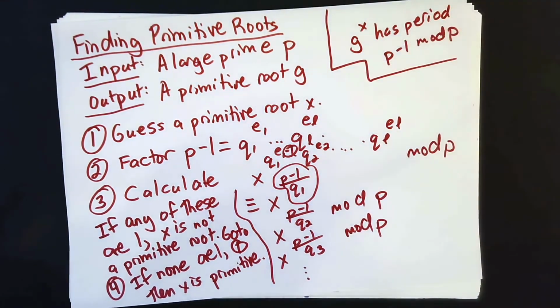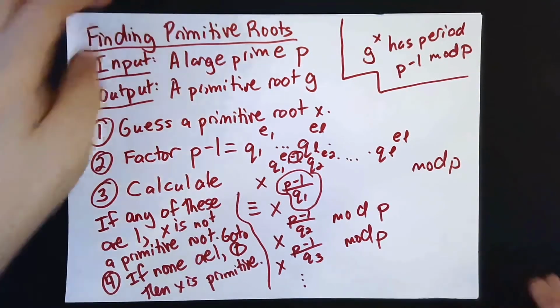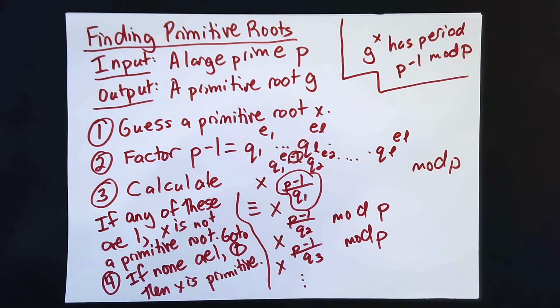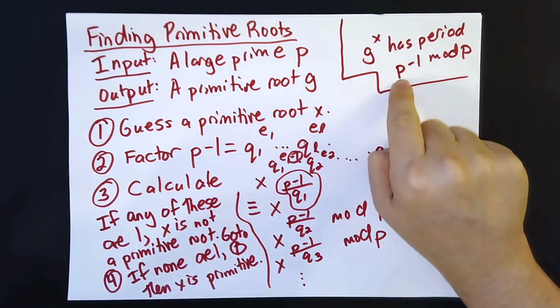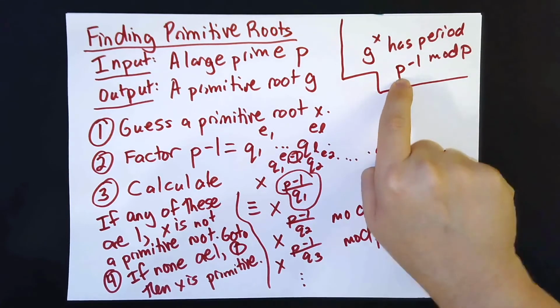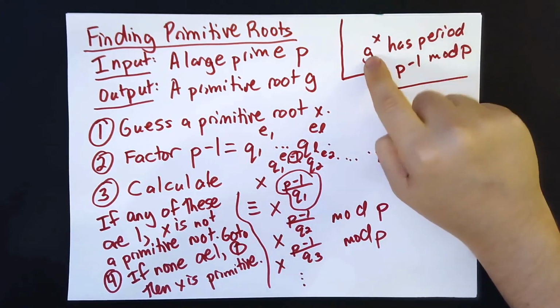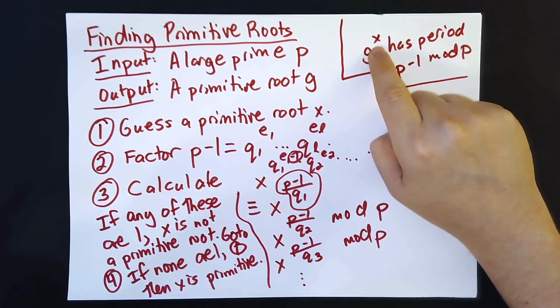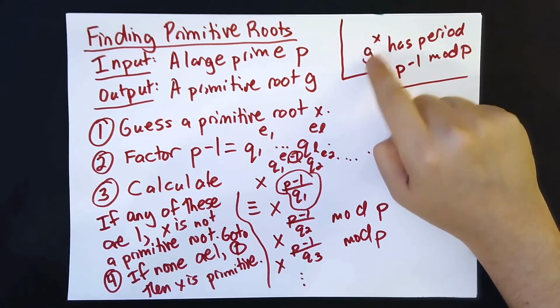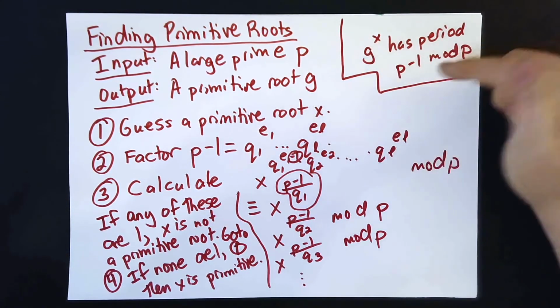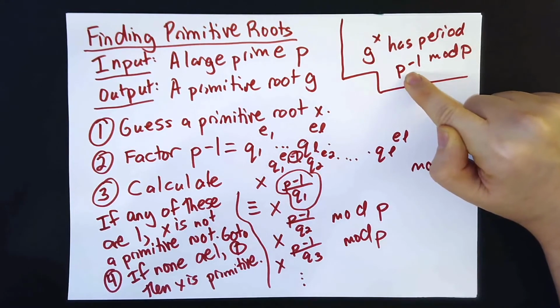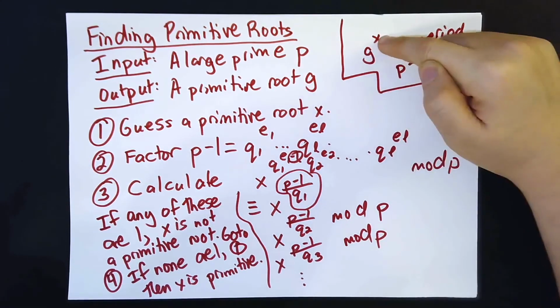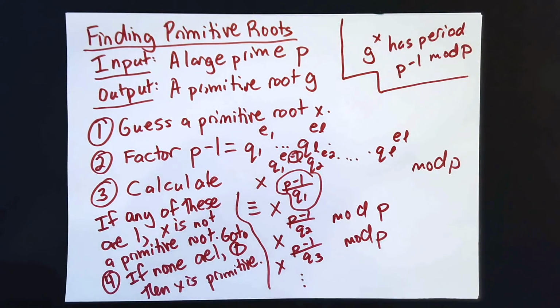Now, you might briefly ask, why does that work? And so the key thing to remember is, I'm looking for a number whose period is p minus 1. And the period is how long it takes this function g to the x to repeat. Remember that right before it starts repeating, it hits 1. So it's really asking when the first time g to the x hits 1 is.